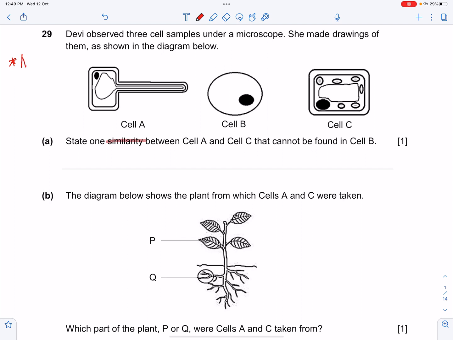Alright, it would be your nucleus, your cell membrane, and your cytoplasm. So these are the 3 things that will be found in all typical cells. Typical, so for example, red blood cell is a specialized cell.